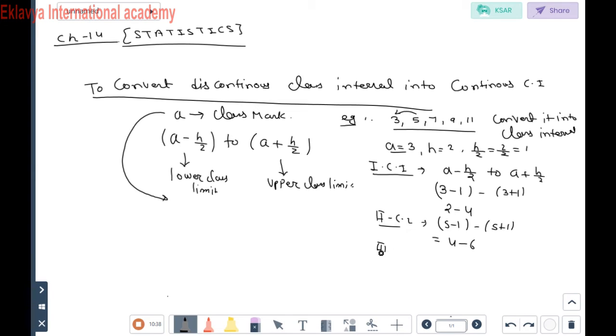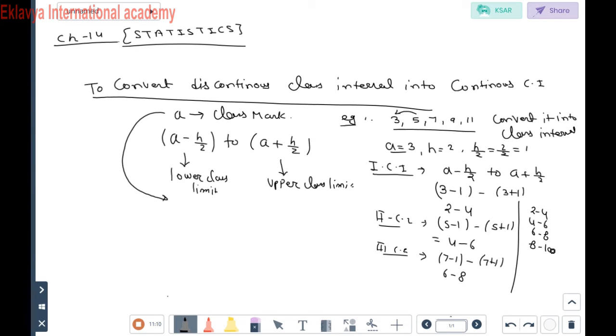Then similarly, the third class interval is 7 minus 1 to 7 plus 1, so 6 to 8. So here you form the class intervals 2 to 4, 4 to 6, 6 to 8, 8 to 10, and so on. Understand? So, students, if the class mark is given to you, this is how we form the class intervals.